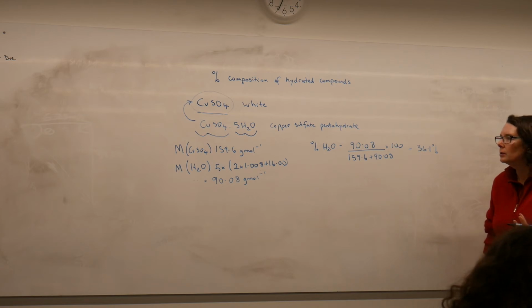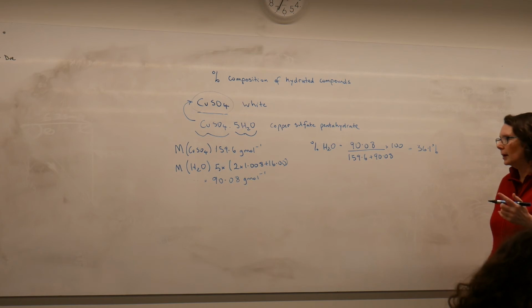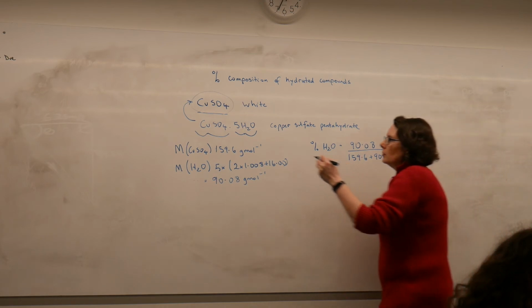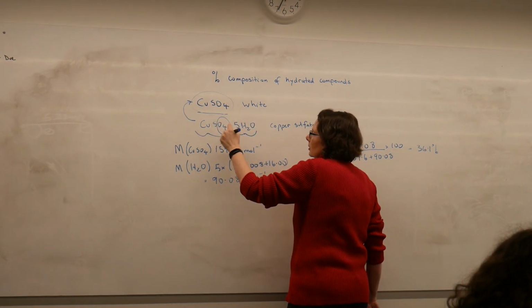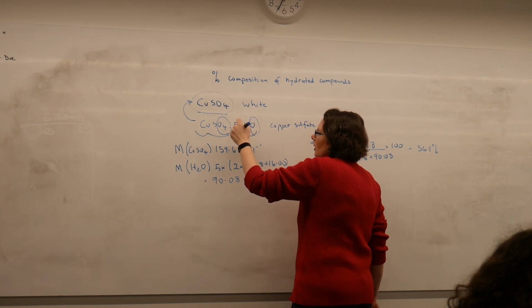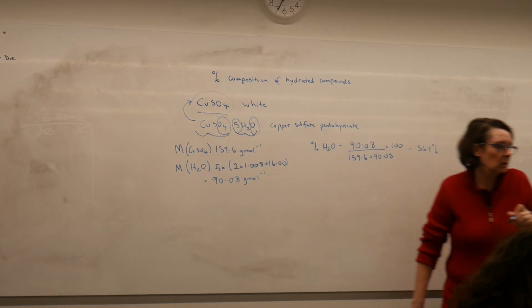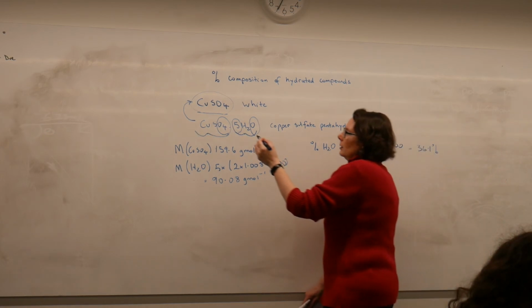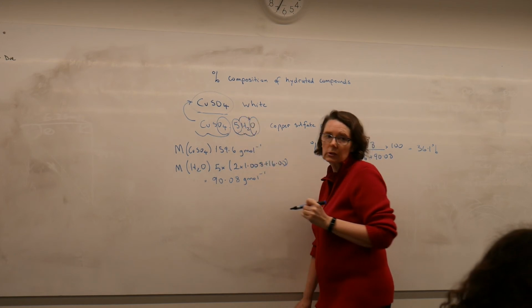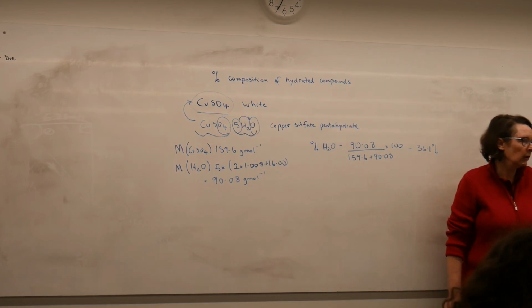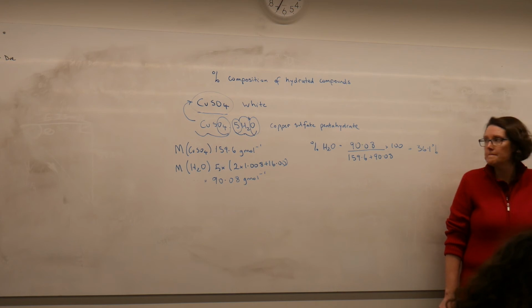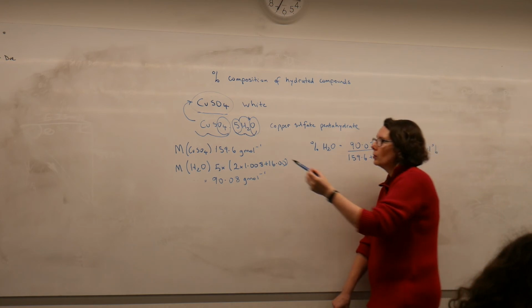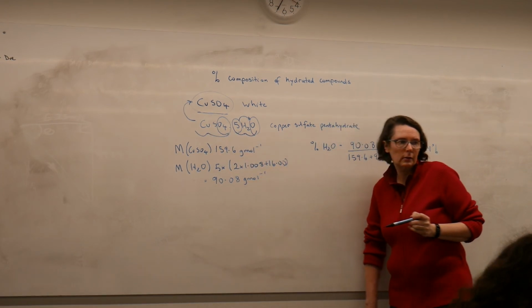It would be unusual, but not unknown, that you could also be asked something like to find the percent oxygen in it. In which case, you're going to need to remember that you've got 5 oxygens there for the pentahydrate, along with the 4 oxygens in the sulfate.